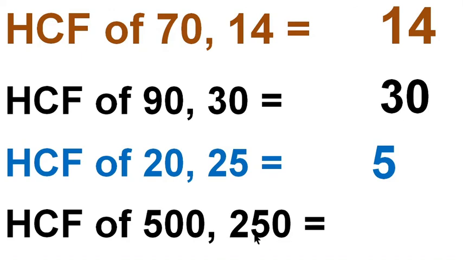Here 500 and 250, and 250 is smaller. If we divide 500 by 250, it will be divisible. So 250 is the highest common factor. In this way, we can find the highest common factor very easily.